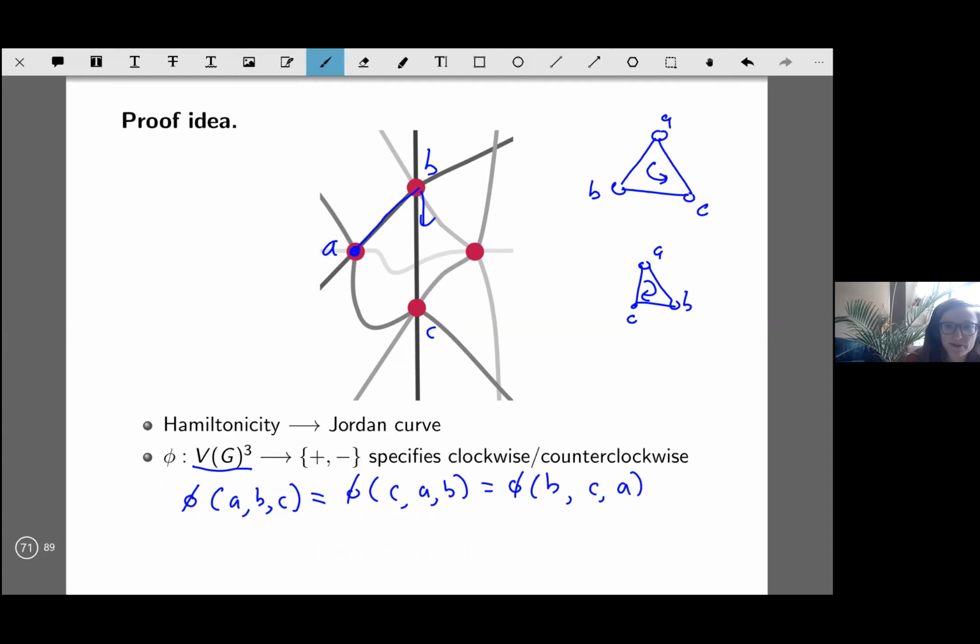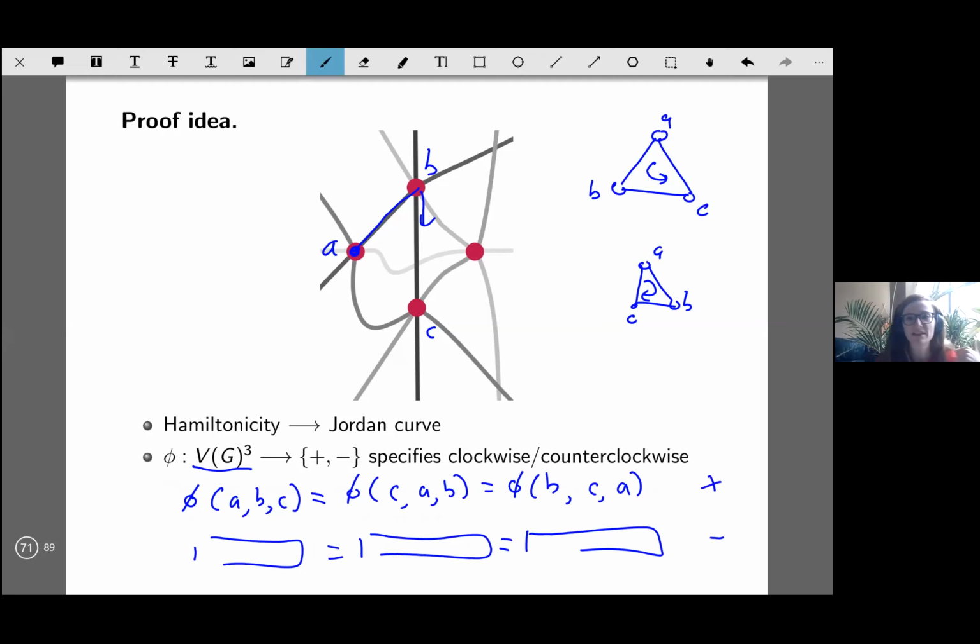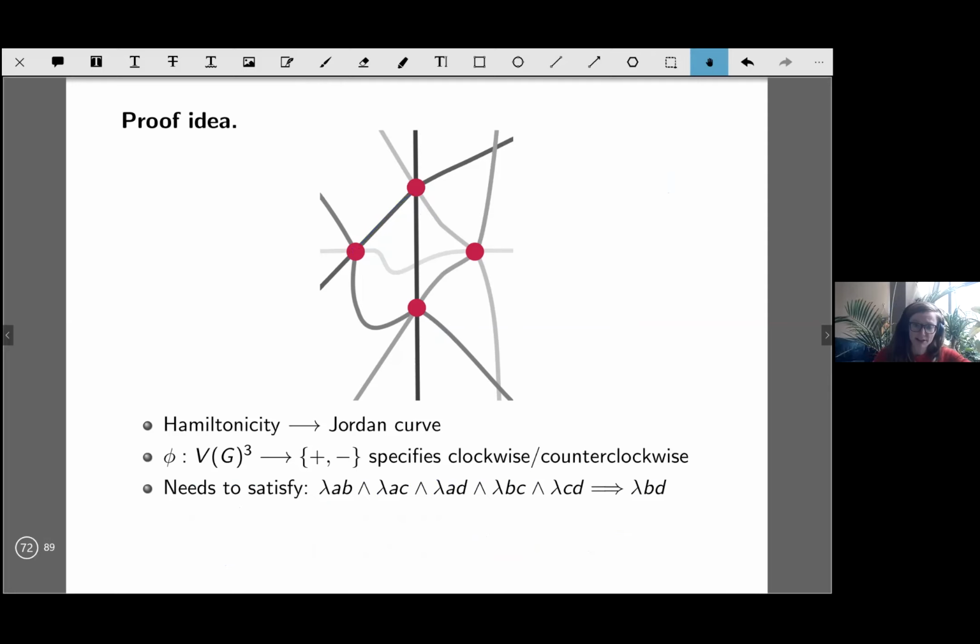And now there are 6 permutations of 3 elements. So there are 3 other permutations remaining, and those are all equal. And exactly one of these gets plus and one of these gets minus, is how you can axiomatize this. Okay, so we need a function that satisfies that property. Now there's another property we need, and this is more complicated looking.